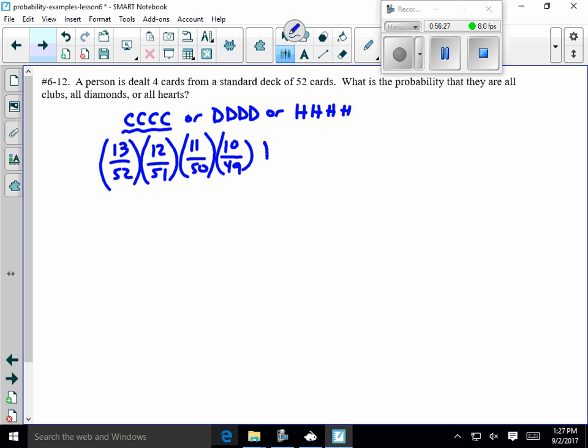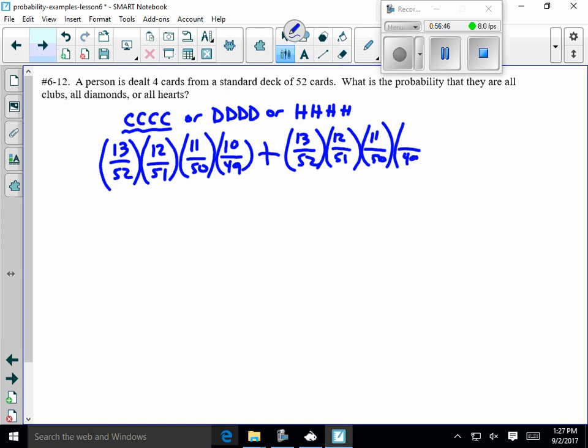Or plus, and now since I'm ORing, this is a brand new look at the problem. We're back to having the full deck. We would have 52 cards, 13 of them are diamonds. Out of the remaining 51 cards, 12 are diamonds. And the same structure here, whether we're talking about clubs or diamonds, right?